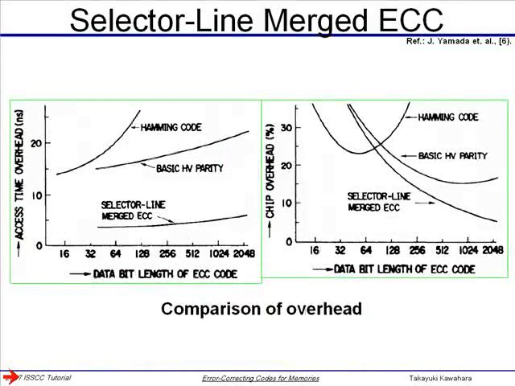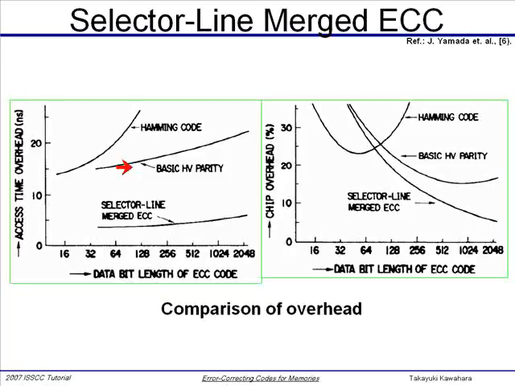Also, this sector line merged ECC has an overhead that is one third of the basic HV parity. The coding is very good, but please recall the Shannon theorem. It takes time, it takes overhead.